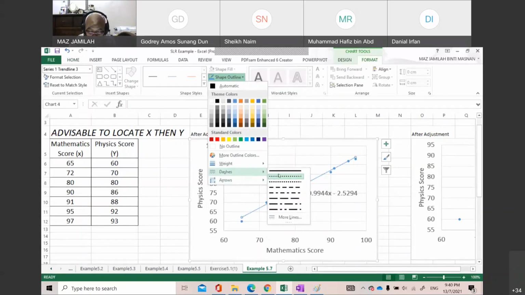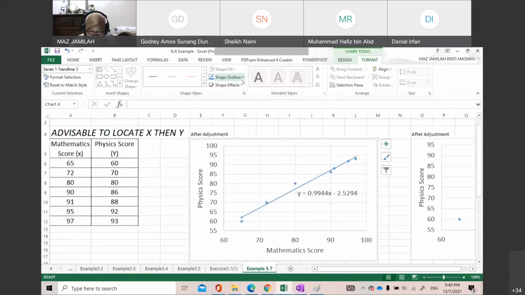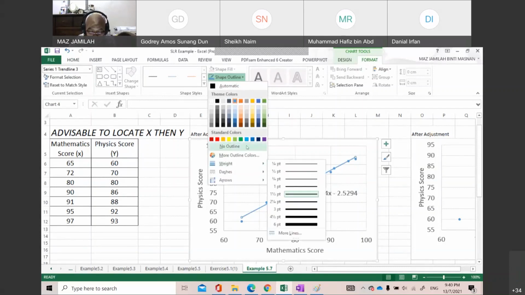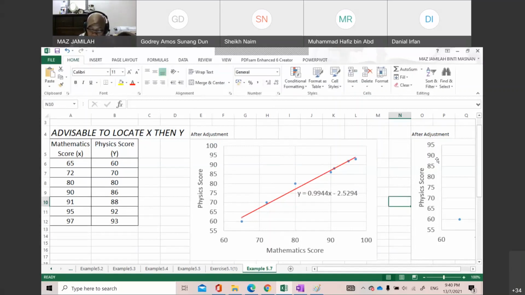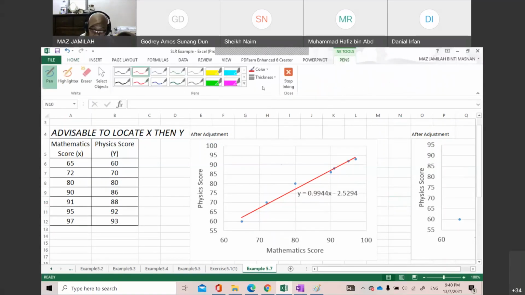Let's say you don't want the dash, you want a solid line. Okay, and you can also change the color as well as the thickness of your line. And you can see in class, your trend line or your equation line begins from the minimum point to the maximum point.